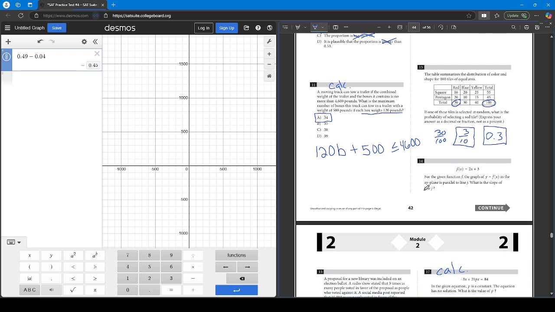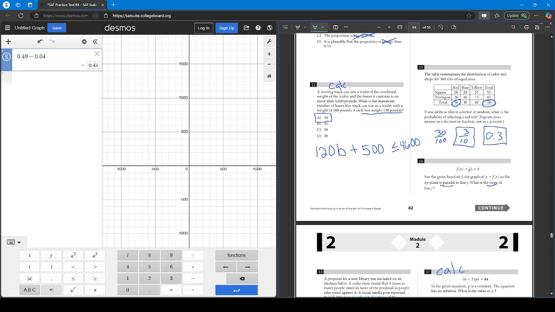Question number 14. For the given function f, the graph of y equals f of x in the xy plane is parallel to line j. What is the slope of line j? For that, you have to know that parallel lines have the same slope.